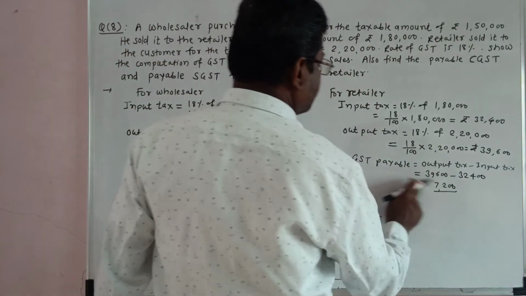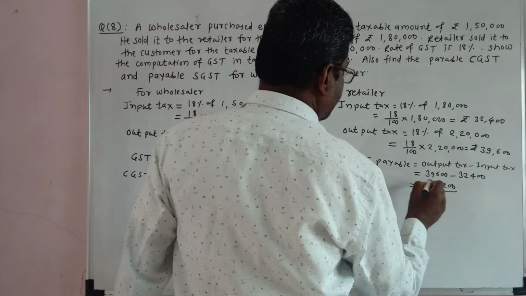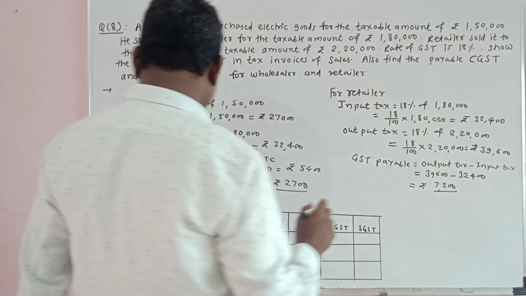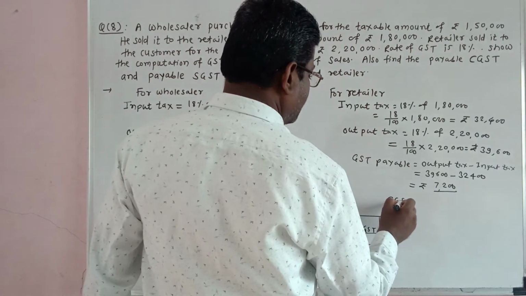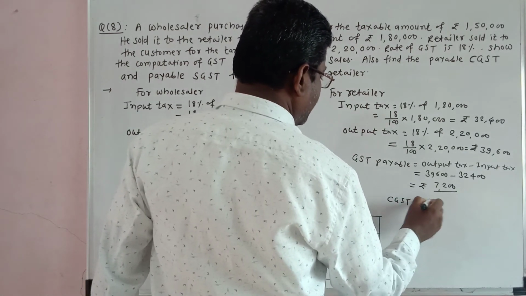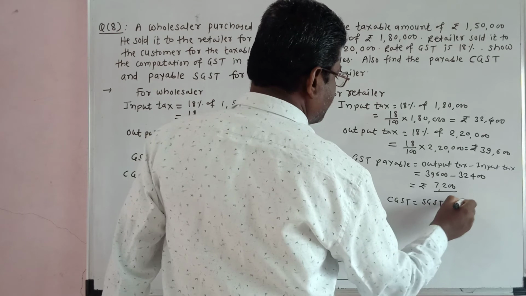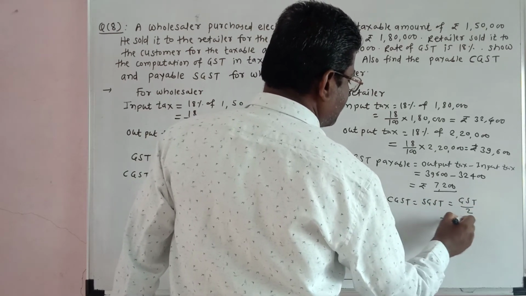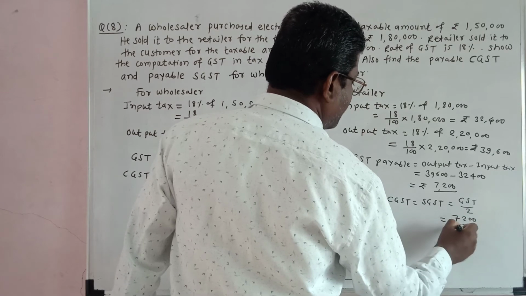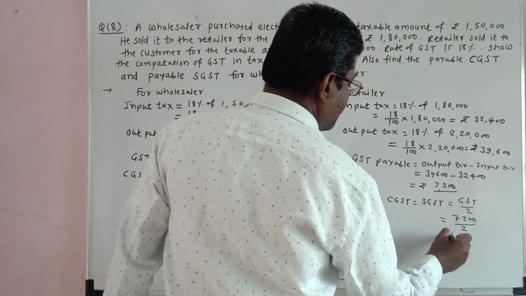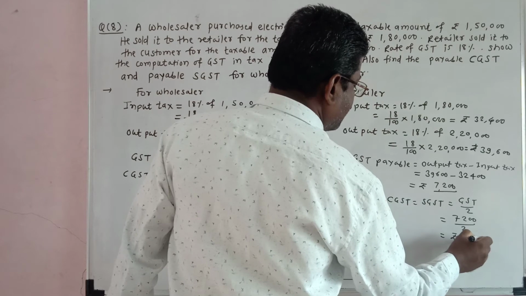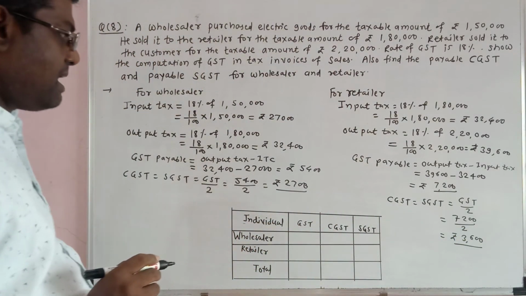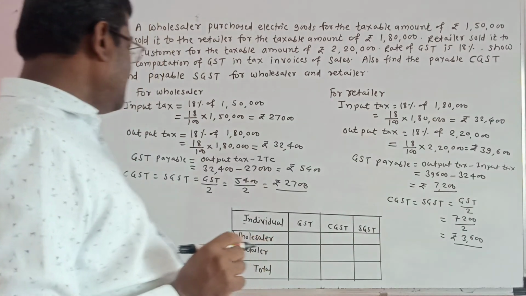GST is rupees 7,200. Now we have to find CGST is equal to SGST is equal to GST upon 2, and GST is 7,200 upon 2, that will be rupees 3,600. 3,600 will be CGST and SGST for the retailer.